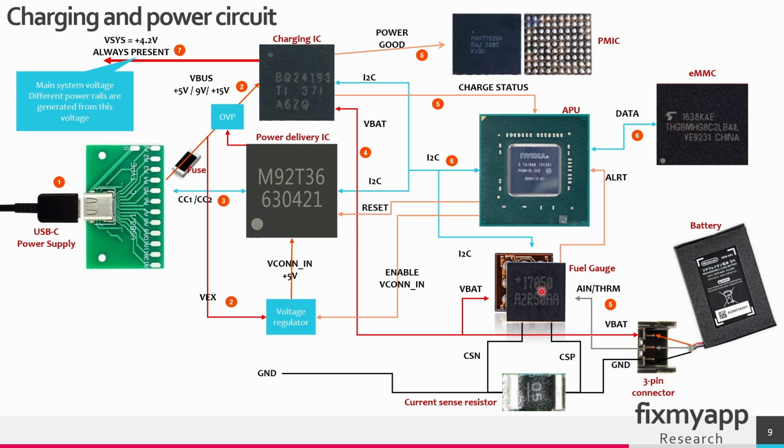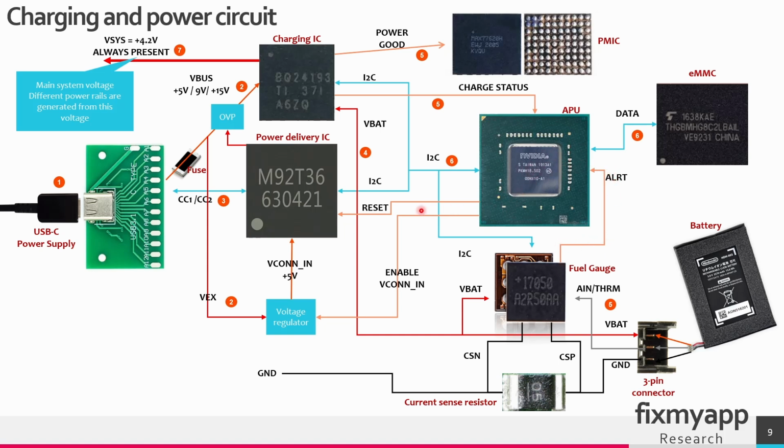And if there is a critical condition, it can send an alert signal directly to the APU. So when the APU sees this alert signal, it will send commands to all of the ICs that are listening on this line to stop their operation. So this alert line is an interrupt line that will interrupt all processes.